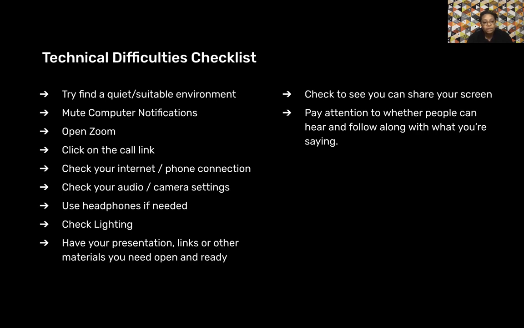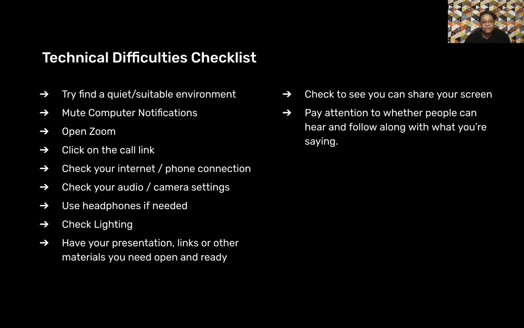Also consider checking your internet and phone connection, just as much as you're also checking your audio and your camera settings. And if it's necessary, use your headphones such that you're able to hear clearly what your audience is saying, but also such that the mic, if it's a headphone with mic, they can actually hear you clearly as you're projecting into the microphone.